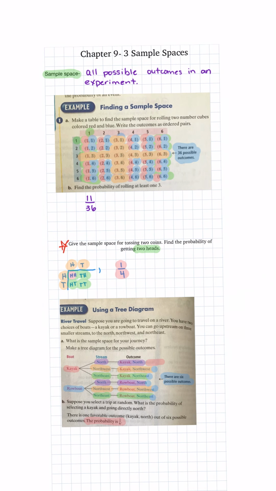So just to be aware, there are 2 coins, and we're looking at heads and tails. 2 times 2 equals 4, so 4 possible outcomes.